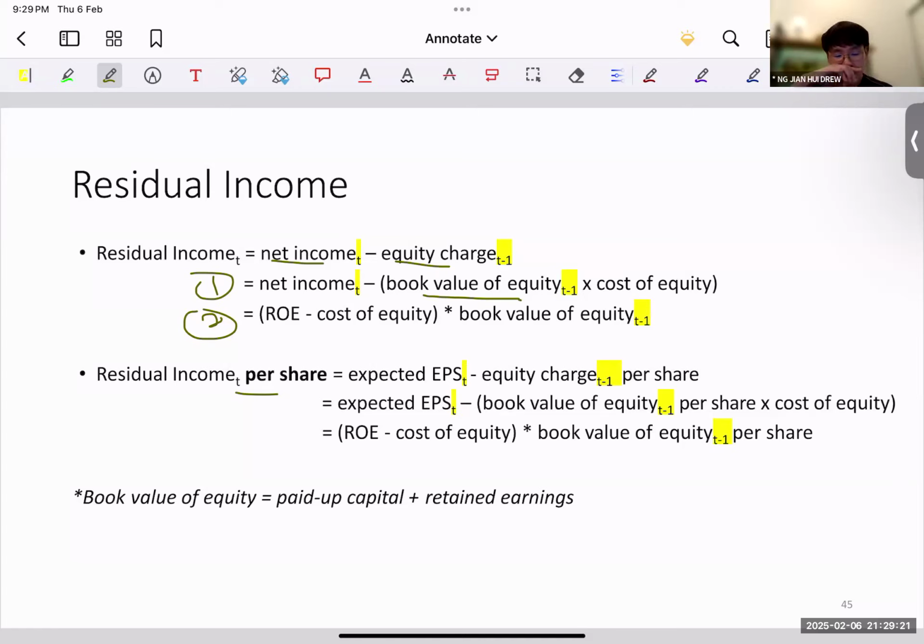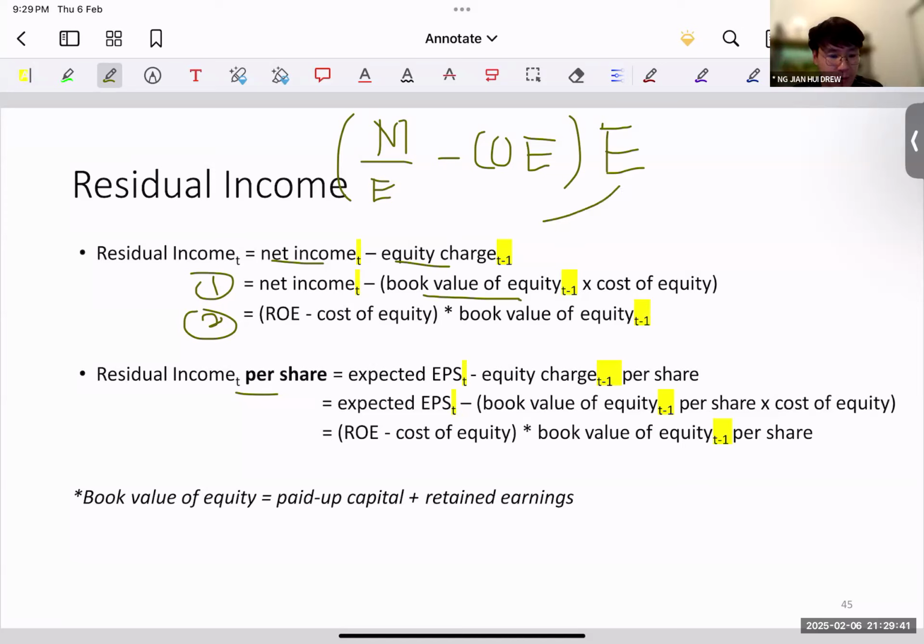times your book value of equity. So the question is, how come it suddenly becomes ROE? So what's ROE? Return on equity is net income divided by equity, E, minus the cost of equity, right? Times your equity, right? Book value of equity is equity.